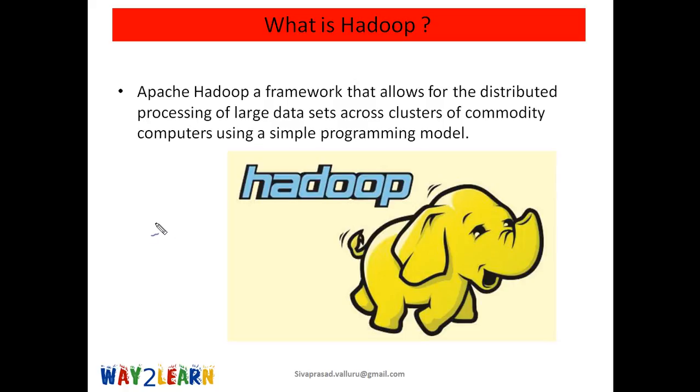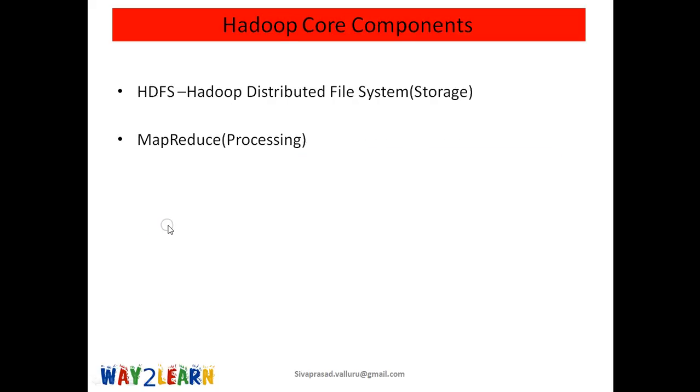That's all. You'll gain more understanding of what Hadoop is as we go further. In Hadoop there are two core components. The first one is HDFS, the Hadoop Distributed File System, used for storage, and the MapReduce engine, which is for processing. First, let us try to understand HDFS, the Hadoop Distributed File System.